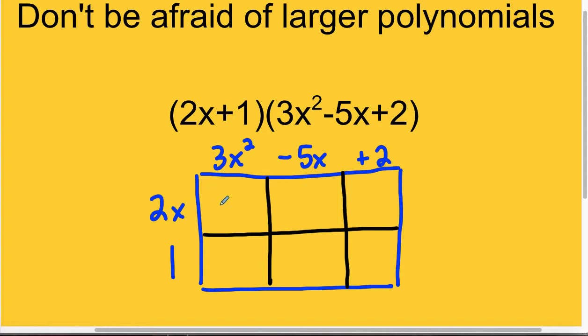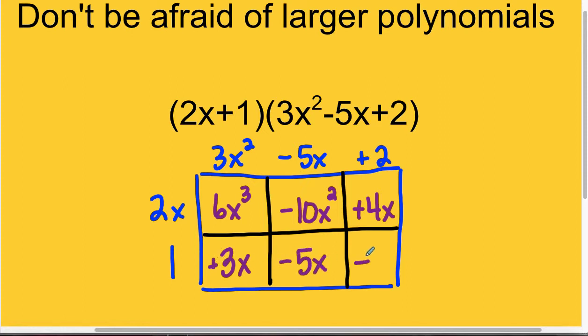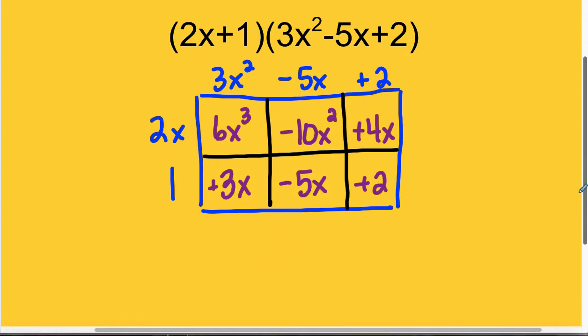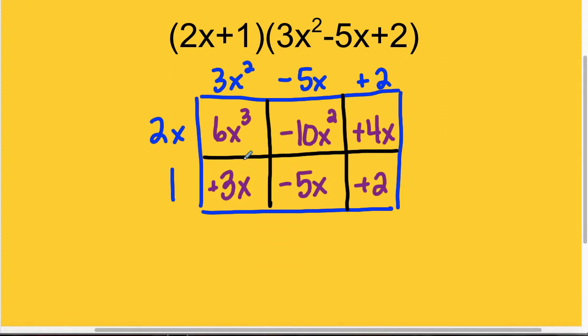So 2x times 3x squared gives me 6x cubed, minus 10x squared, plus 4x, plus 3x squared, and I'm going to actually put the sign in front of it, minus 5x, and then plus 2. Now I'm going to combine all those like terms, and what you might be noticing is that the like terms, oh, this is 3x squared.